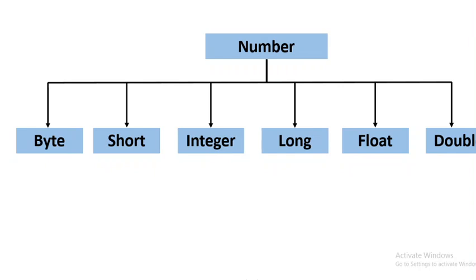Always using an object for simple types of operations would be an overhead, so these primitive data types are available.